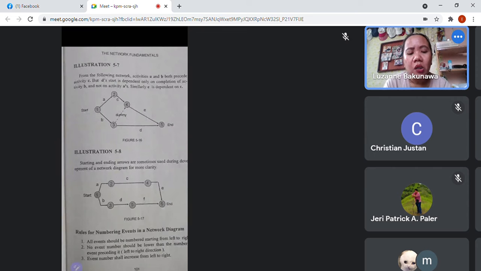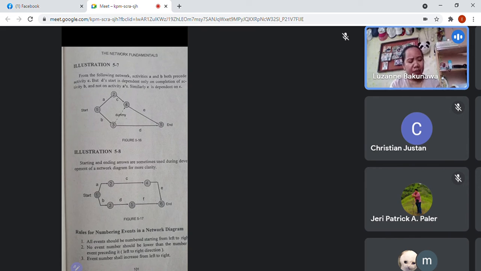Similarly, E is dependent on C. That is where it ends. Both will end together. Then we also have this illustration 5-8. These starting and end arrows are sometimes used during the development of the network diagram for more clarity.